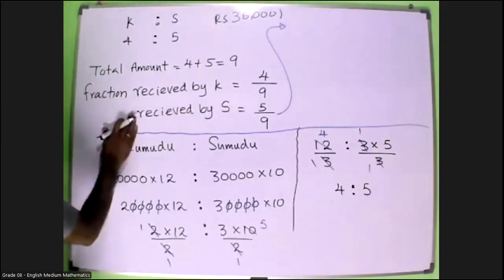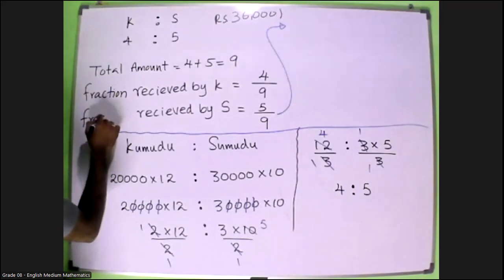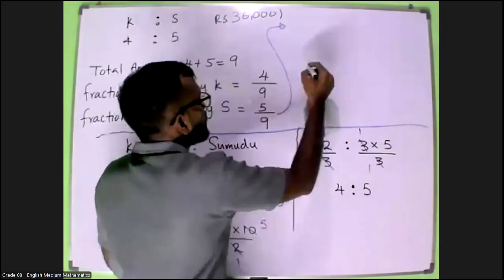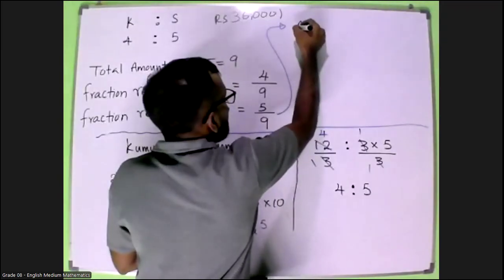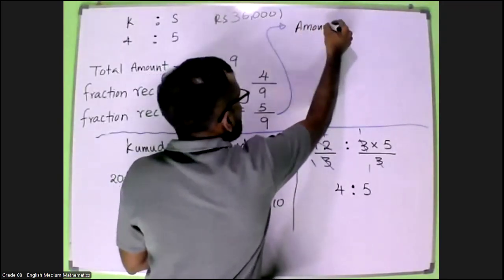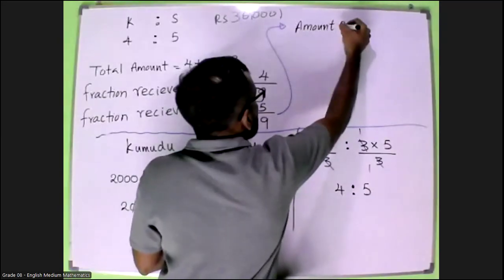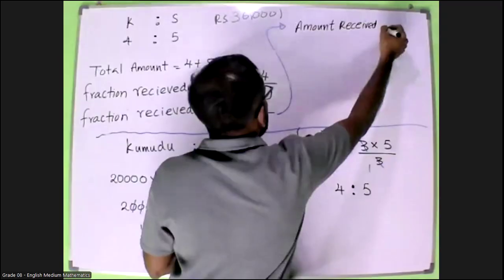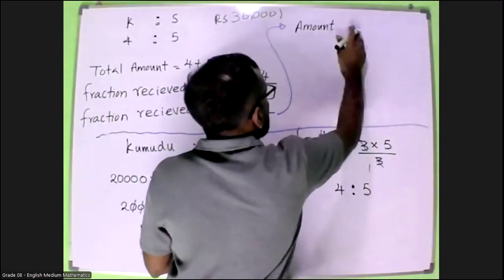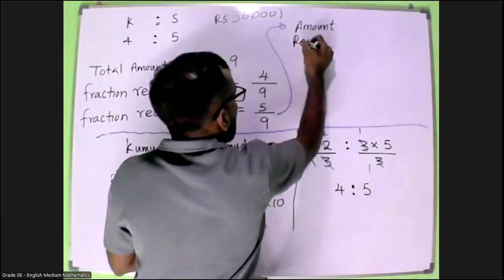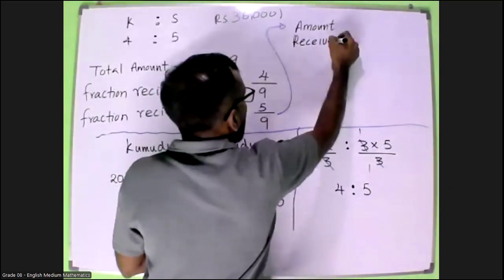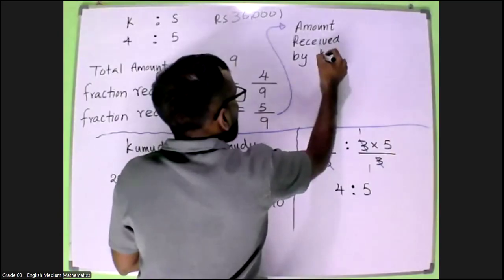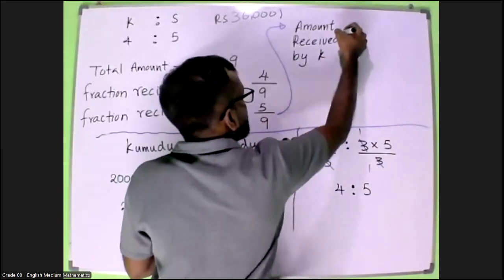Fraction received by K and fraction received by Sumudu. So now I am going to find the amount received by K.